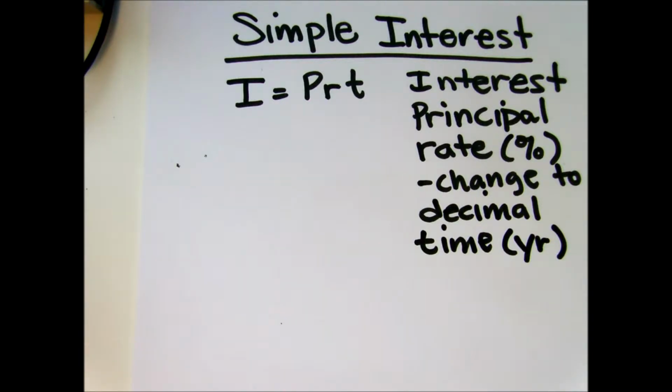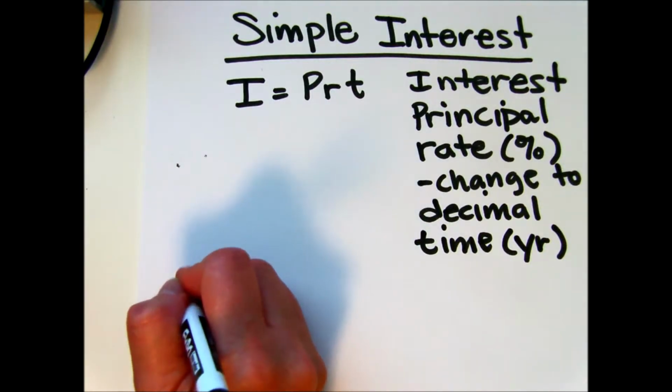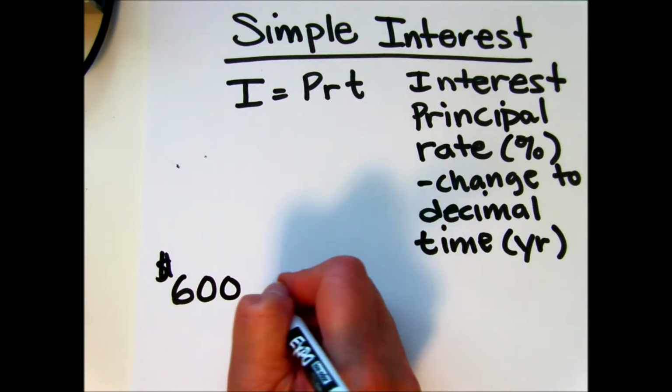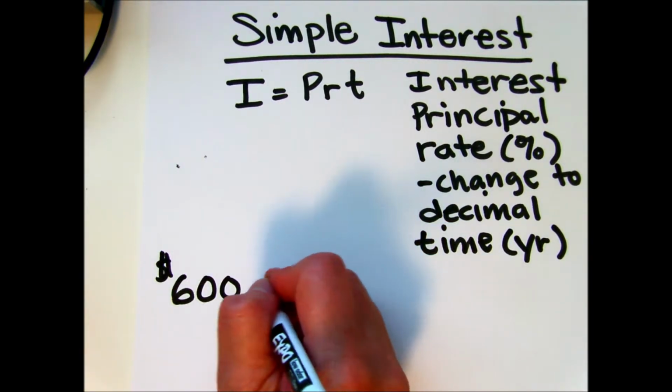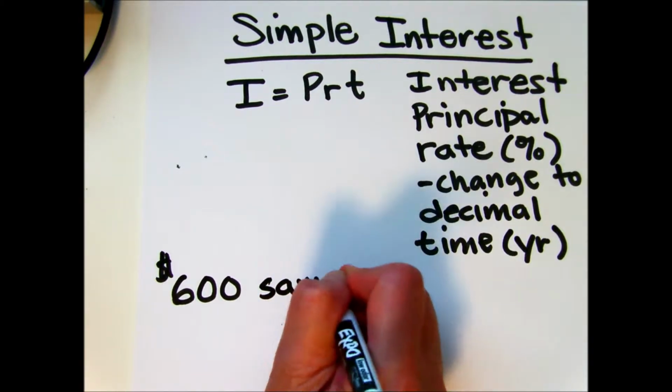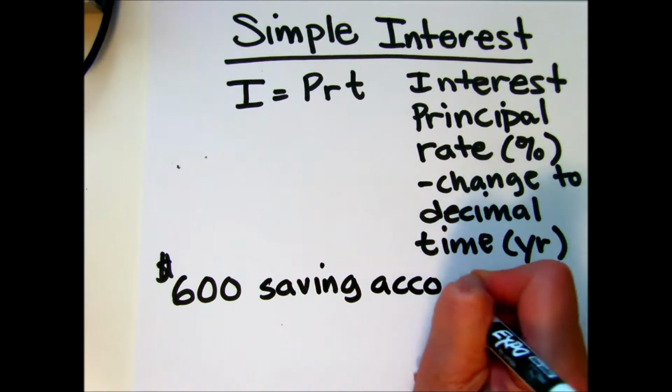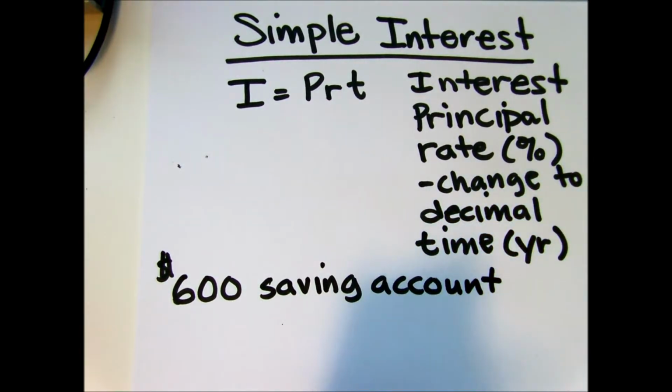So we're going to start off with an example, and then I'll try to focus on each of these terms within the formula so that you get comfortable using it yourself. Let's say that we have $600, and we're going to put that in the savings account, and the bank says that we can earn 5%.